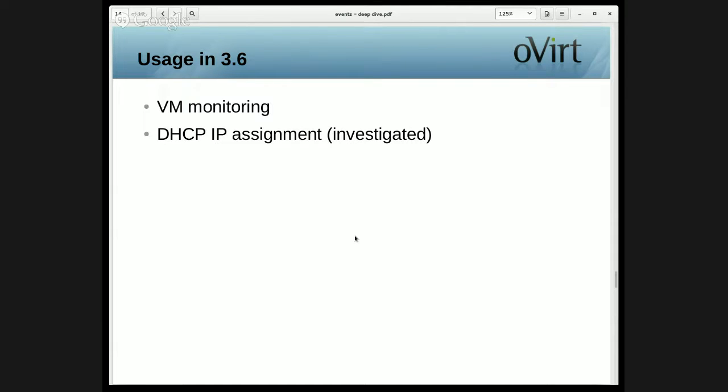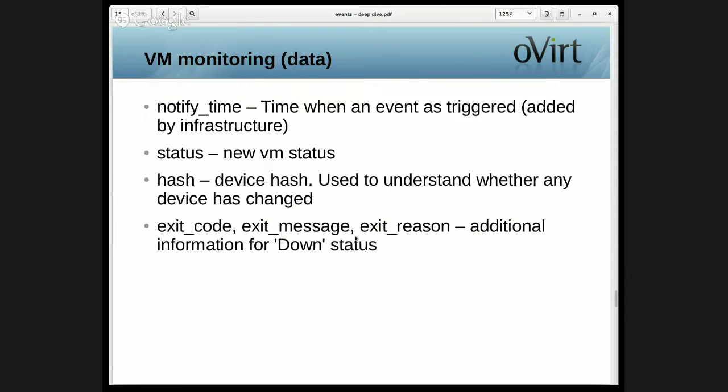So let's talk about VM monitoring a bit more. So this is the data that we send. If you think about how much data we send over the wire per monitoring cycle in 3.5 or below, we have decided to reduce the amount of data significantly for the events. And one of the important things here is that each and every event will contain a notify time.